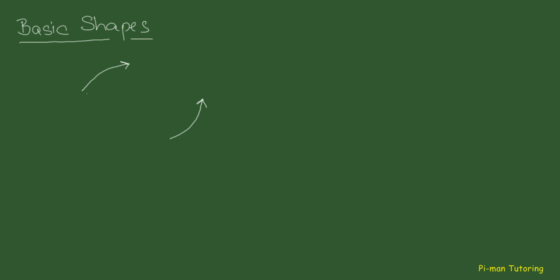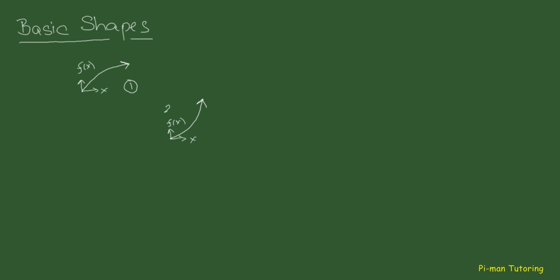In both cases, as x is increasing, our value of f of x is increasing. What's different is that in case number 1, we'll call this 1, the steepness of the curve is reducing. So we are increasing but at a decreasing rate.